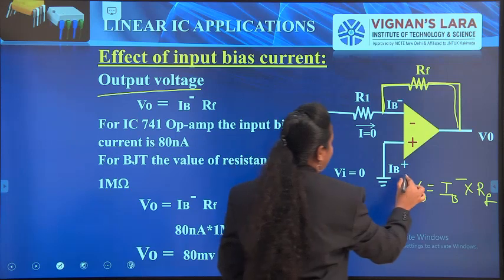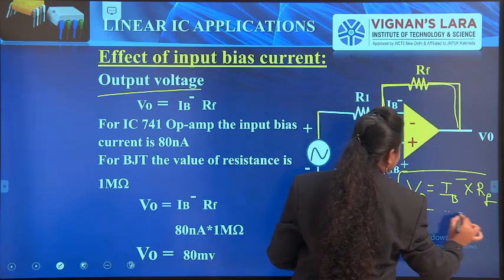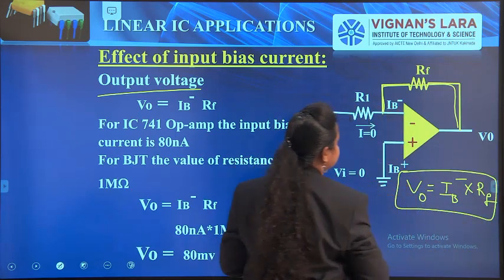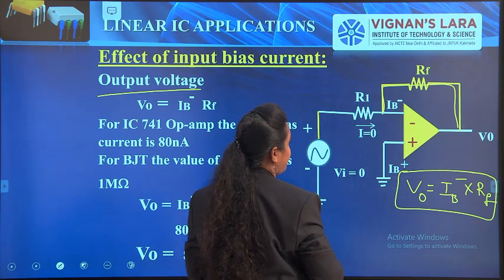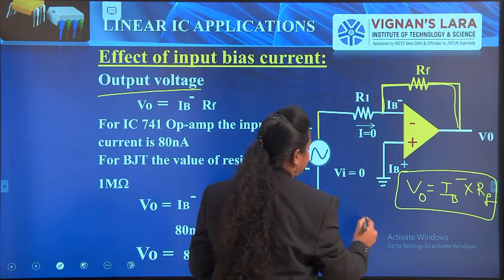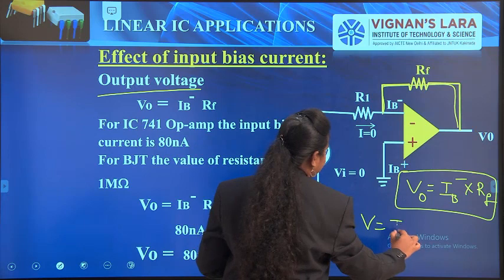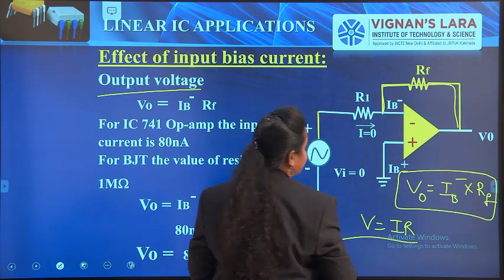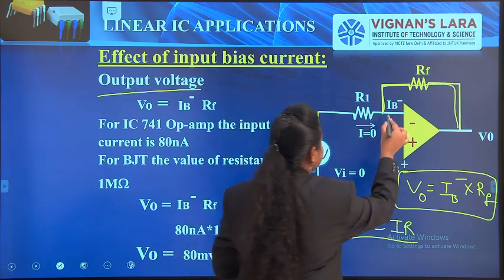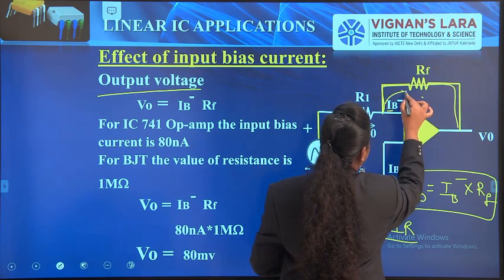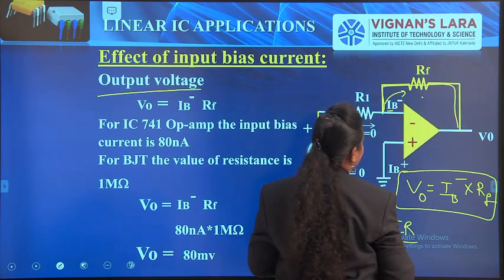This is the output equation: V naught is equal to IB minus into RF, since we have V equals IR. So V output is IB minus into RF along this loop.